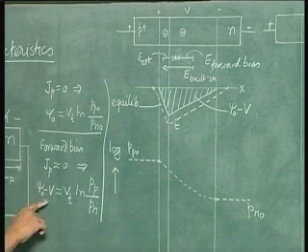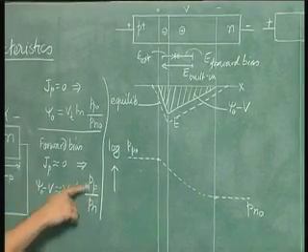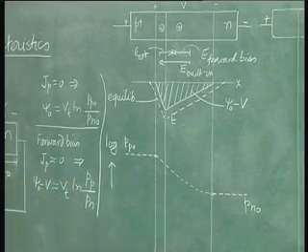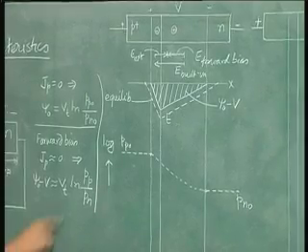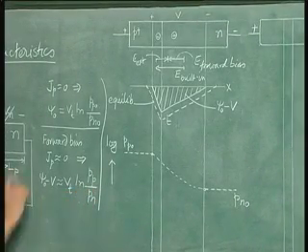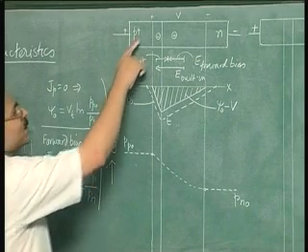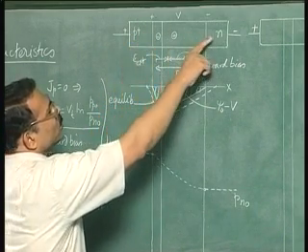Now what is going to happen is that since the ratio Pp by Pn is decreasing, it definitely means that the Pn is increasing, okay, that is holes are being injected from P plus region to N region.